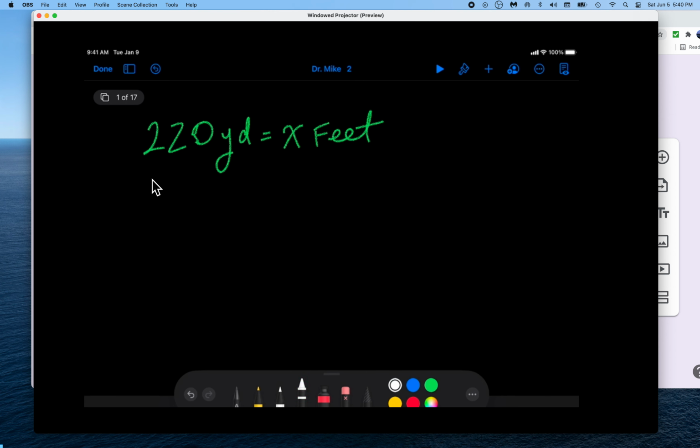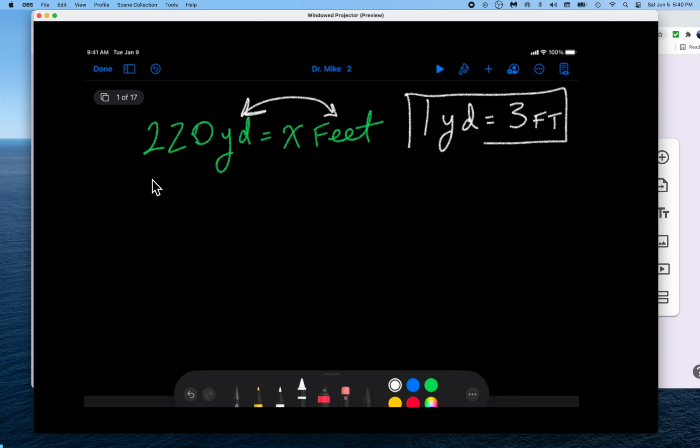We know that 1 yard equals 3 feet. So these are directly connected with this formula right there. Because there's a direct connection between yards and feet in this formula, we can go right to a proportion. So we can do this.